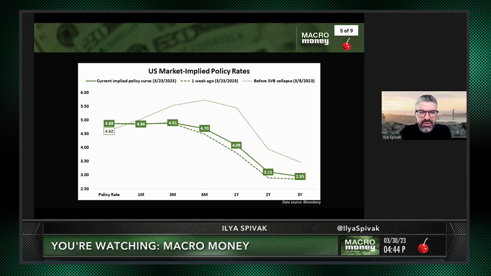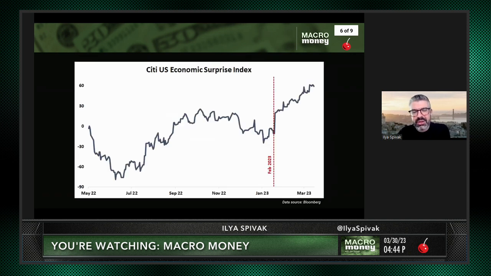So this is a view that seems to be settling in markets. However, you look at the overall economy, it remains quite strong. So U.S. economic data actually continues to outperform relative to expectations, which is, of course, how you got the build in rate hike odds all the way up to 5.5 in the first place.